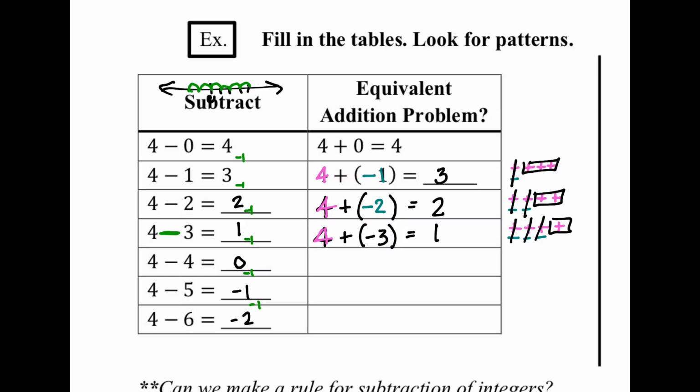Yep. So just doing that switch, 4 plus negative 4. Changing this subtract to add a negative. I'm going to change this subtract to add a negative. And this one, same thing. So 4 add negative 5. 4 add negative 6.